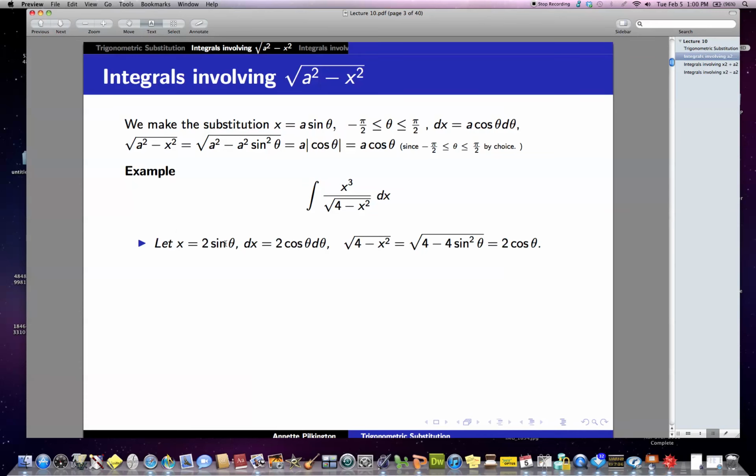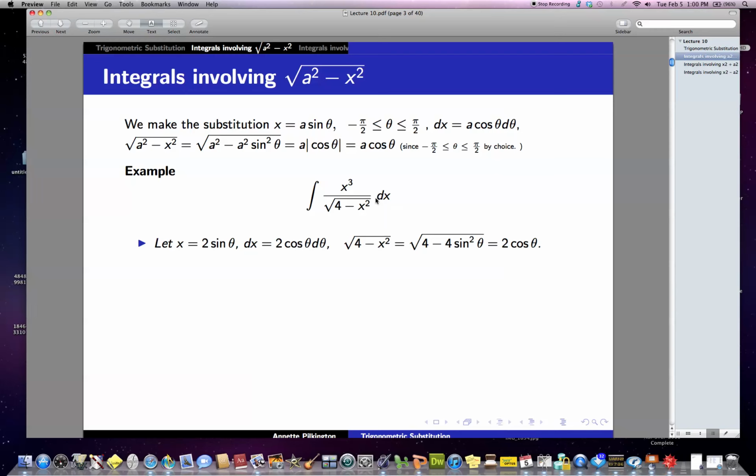So I let x equal 2 times sine theta, and I have the square root of 4 minus x squared. So the square root of 4 minus 4 times sine squared theta. Pulling out the 2, it's 2 times the square root of 1 minus sine squared theta, which is 2 times the absolute value of cosine theta, which is 2 times cosine theta, because of how I've chosen the angle.